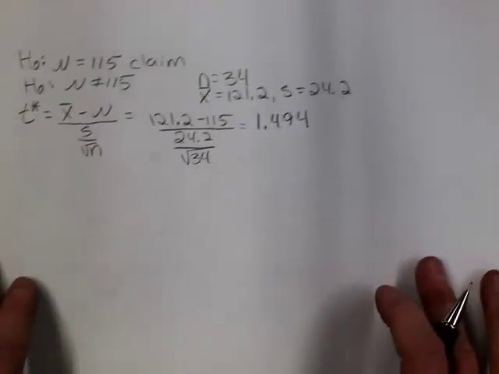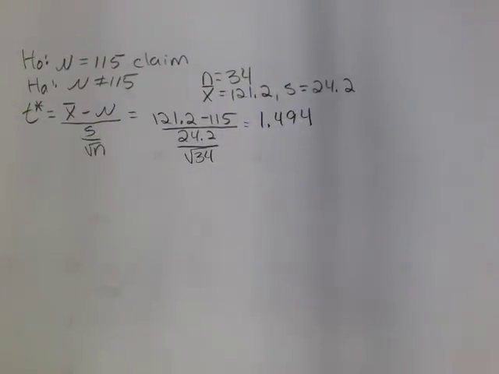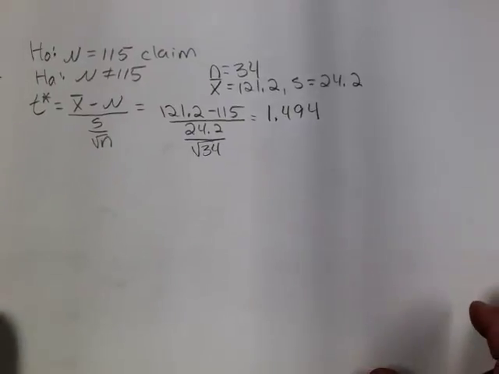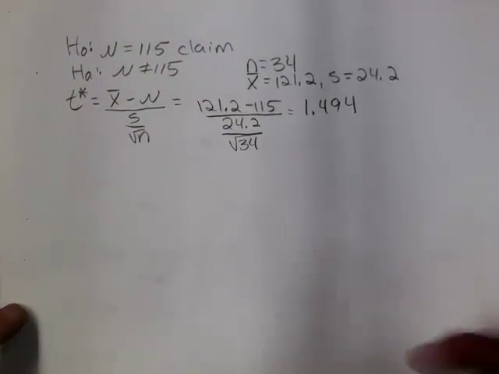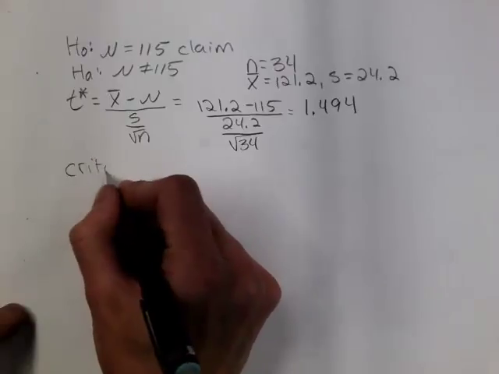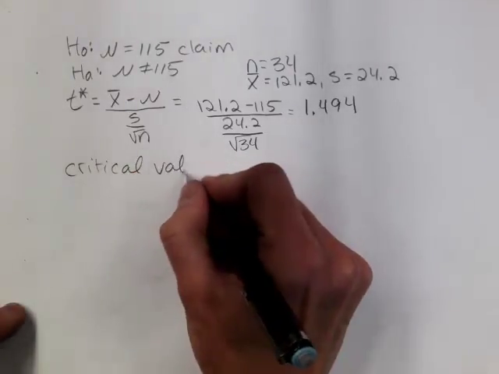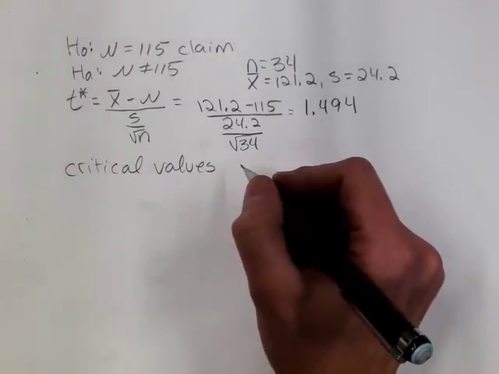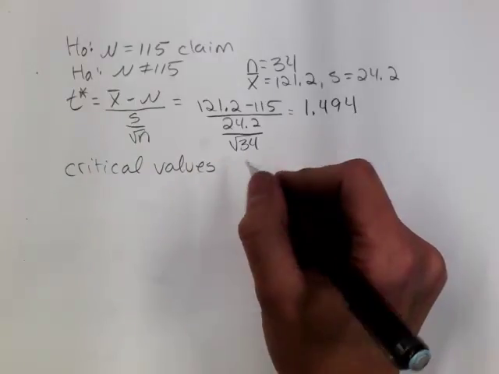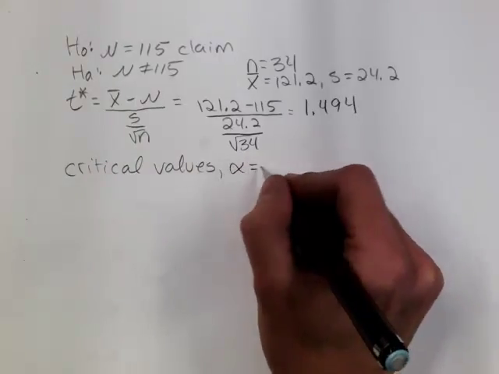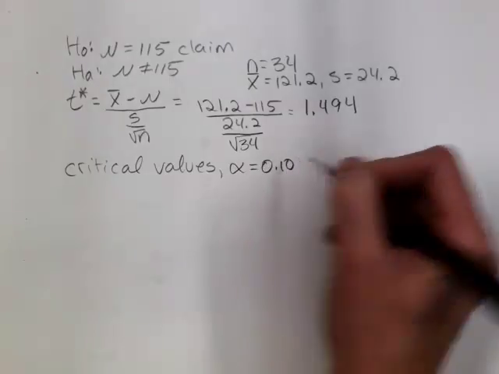Now we want to find the critical values. There's going to be two because this is a two-tailed test. For critical values I need my level of significance, and what is that for this problem? 0.10?